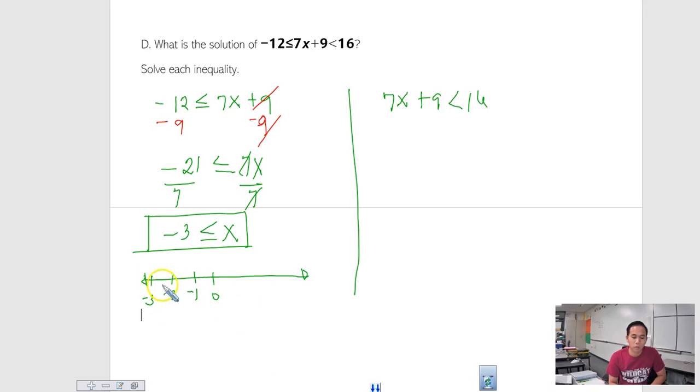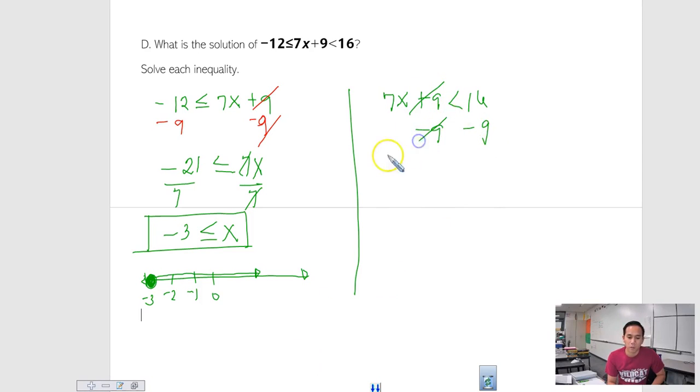Negative 3 is here, it's a solid circle, and it points to the right.